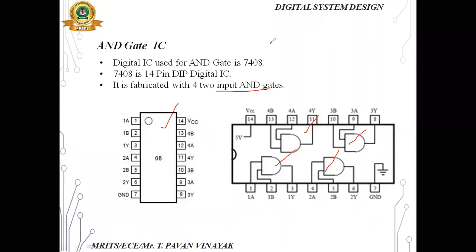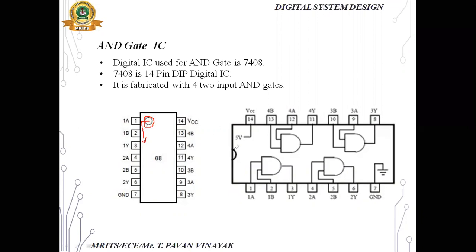Next, how to find out the pin numbering? Generally, in your notes, we can provide numbers 1, 2, 3. But while seeing the IC, there are no numbers available. You have to give the numbers yourself. How do you know which is the first pin? By observing the dot symbol. If a dot symbol is available, from that side the first pin starts.